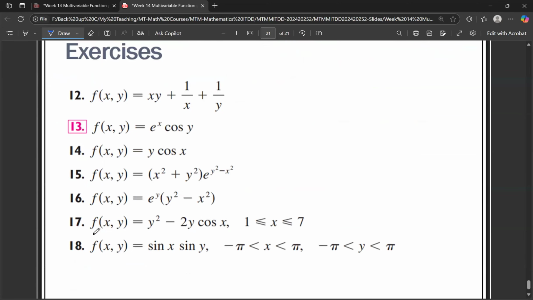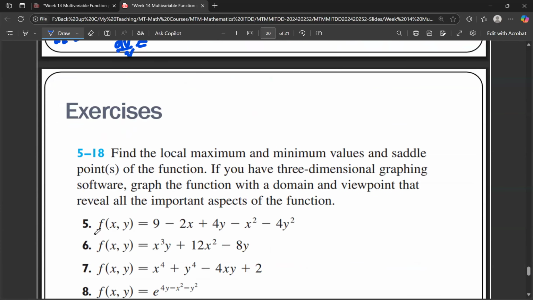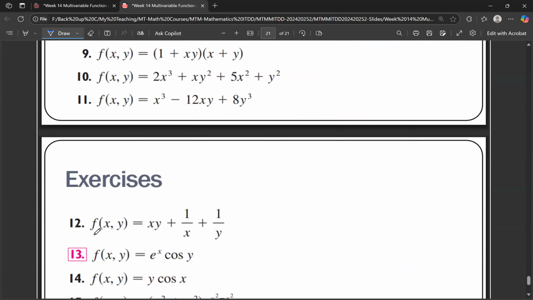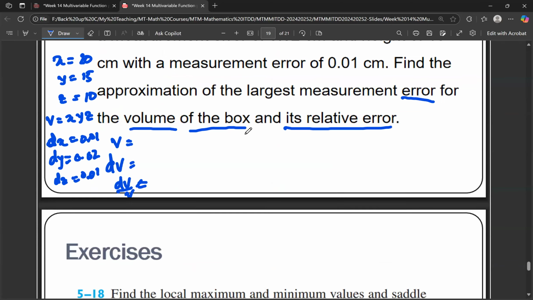Okay, there are lots of other exercises in the slides, and please do and solve them to prepare for the examination. Okay, that's all.